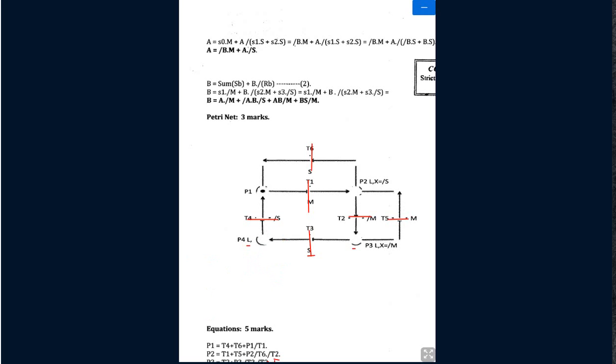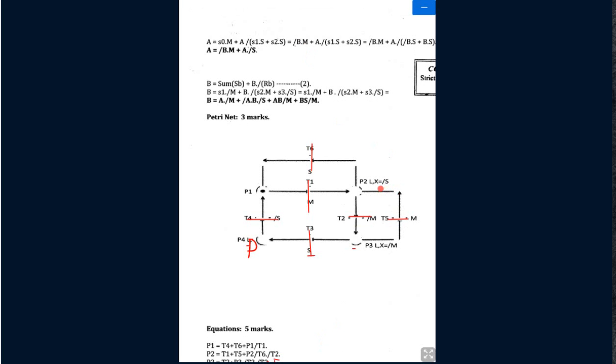So this is supposed to typo here. This supposed to be a P, not L. Okay. So that's why you have for X, right? X is actually P2 S bar and P3 M bar. P2 S bar and P3 M bar. Okay.